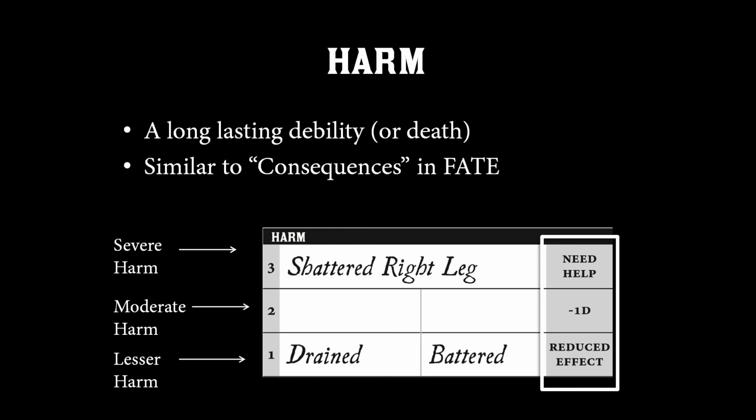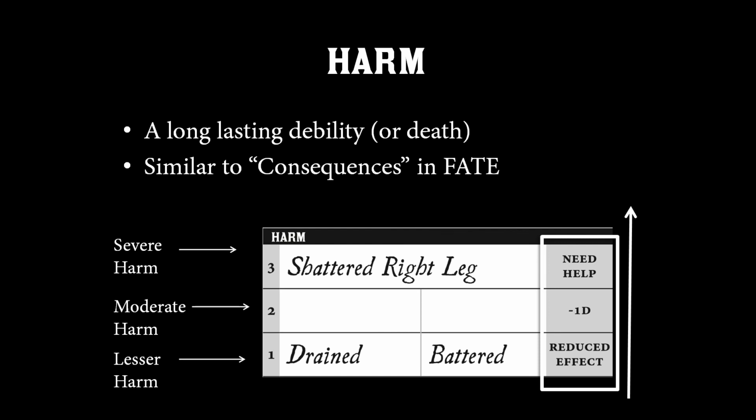And once you fill out a row, so if you take drained and battered, first you get the effect at the end. So if drained and battered are both filled in, you get reduced effect on your rolls going forward until your harm has been cleared up. But if a track is filled, you move up to the next level.